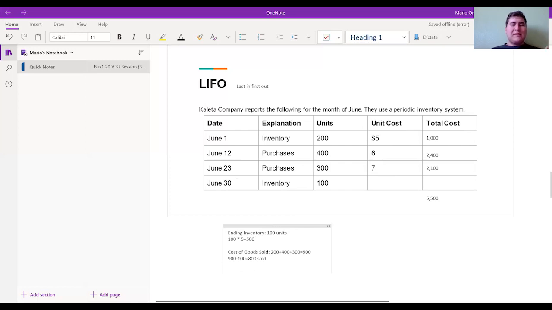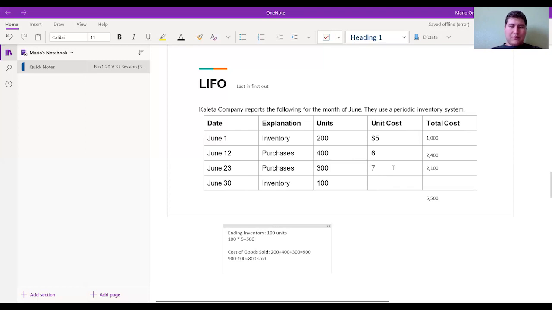Basically, we're using the $5 as the cost because it's the cost of the first units we bought. The last units we have bought are these $7 units. And for last in, first out, we're assuming that we've already sold 800 units.